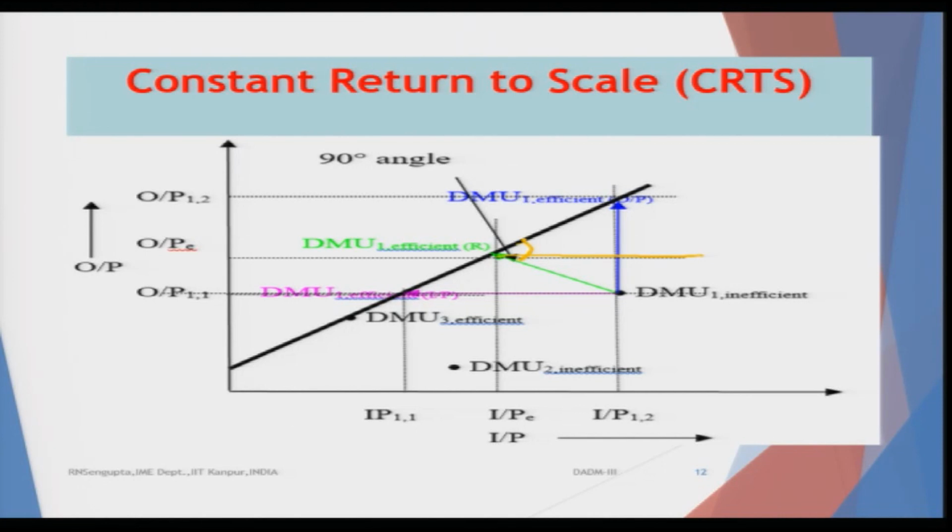So, this is the increase in the output and this is the decrease in the input. And similarly, when you have the output along the x axis and input along the y axis, you can formulate the problem in a similar way.